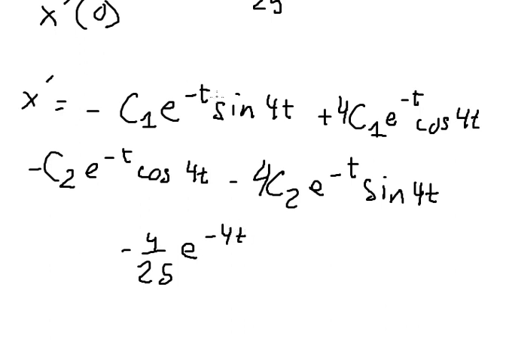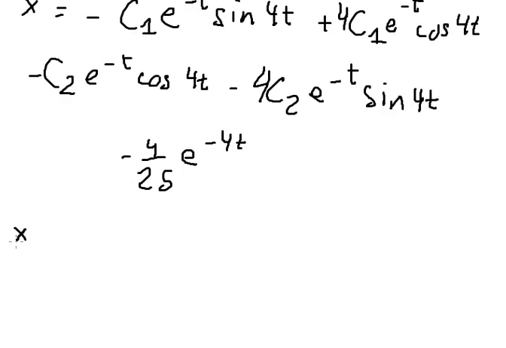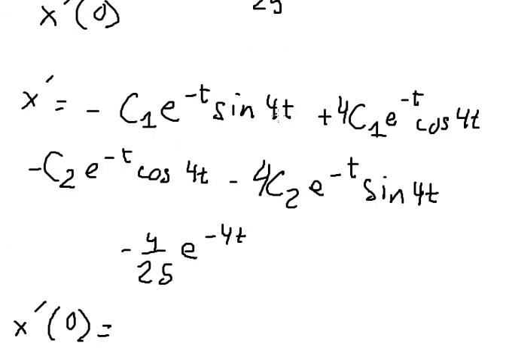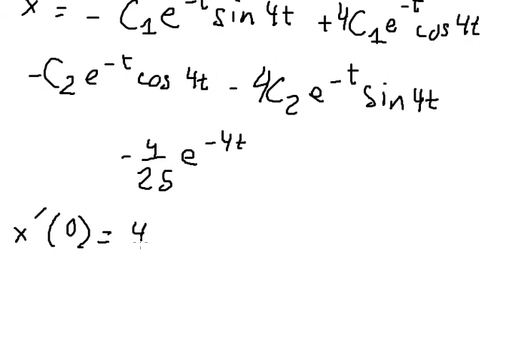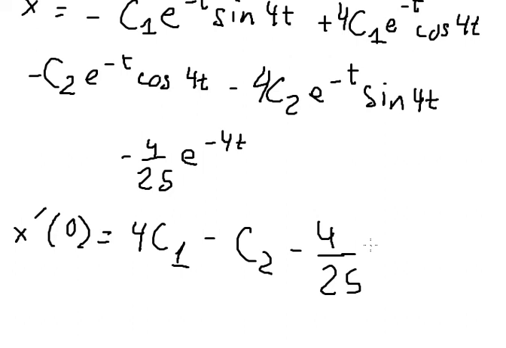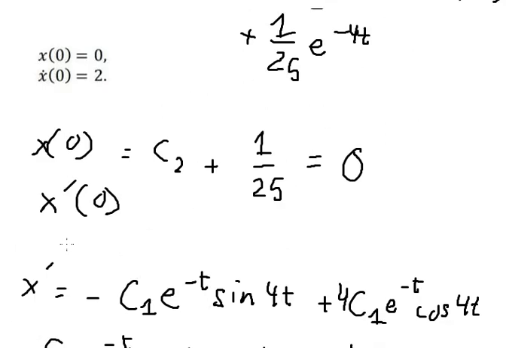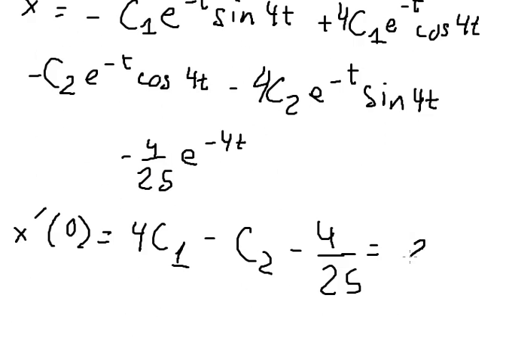Now we put 0 in here. This one is 0. This one we have 4C1. This one we have negative C2. This one is 0. This one we have negative 4 over 25. And that is equal to 2.